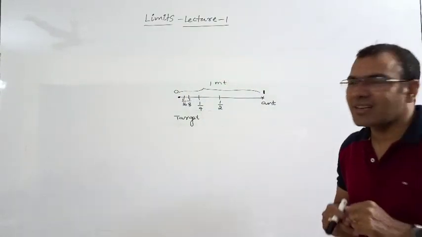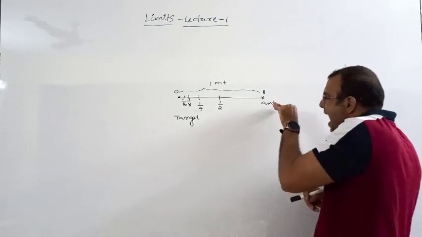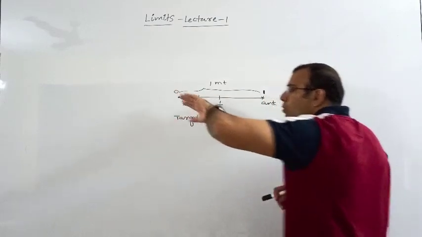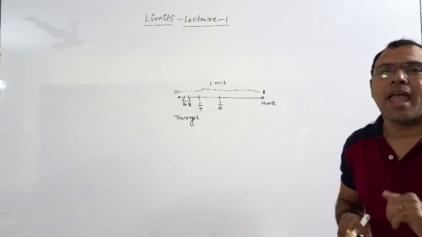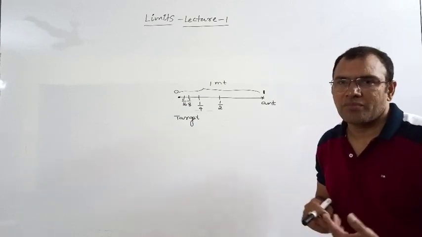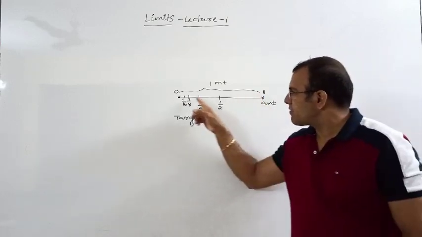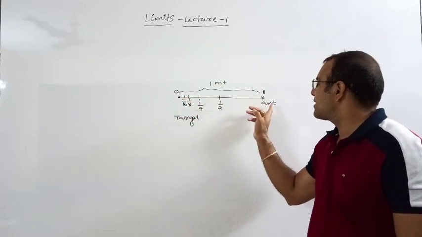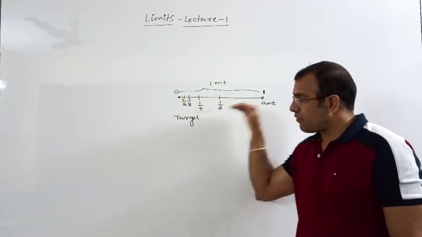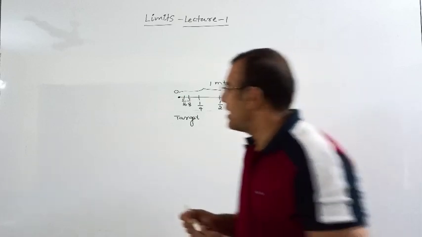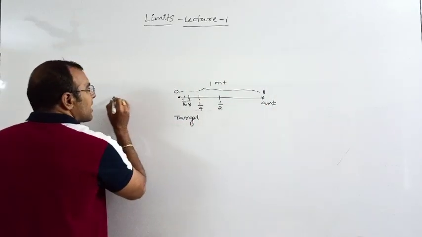Which means that we say the ant approaches 0. Since it is approaching from the right side, we say that the ant approaches 0 from the right side. Similarly, the ant approaches from the left side.